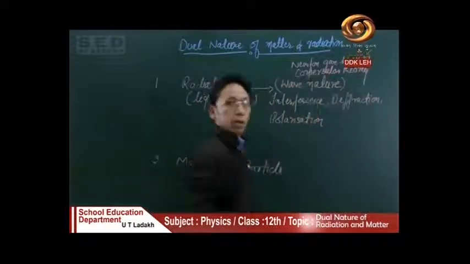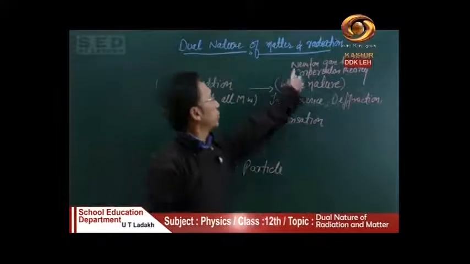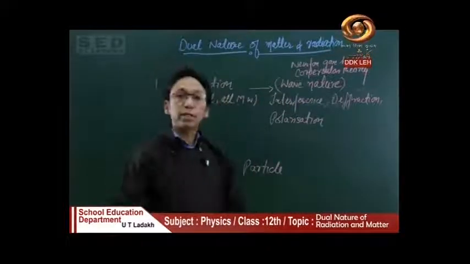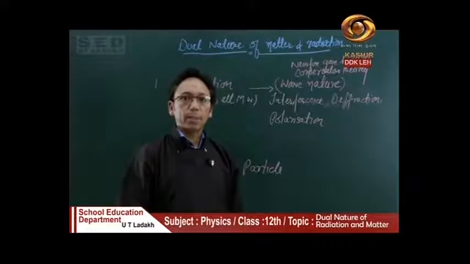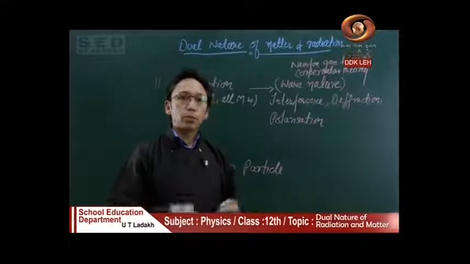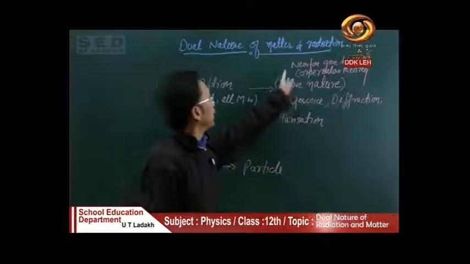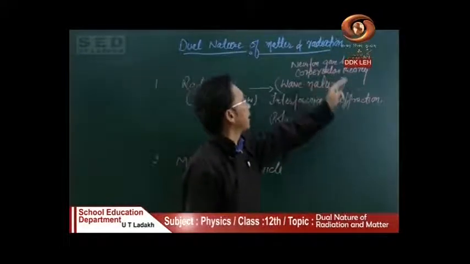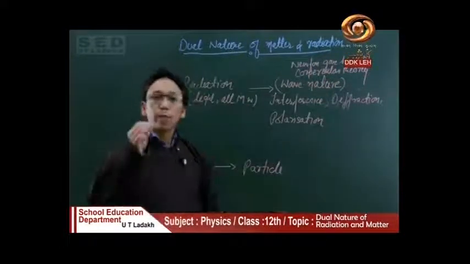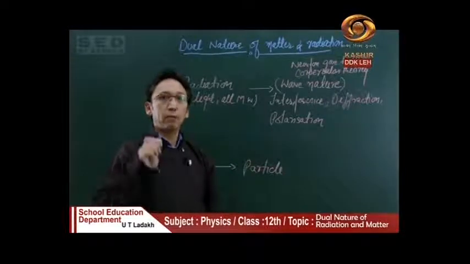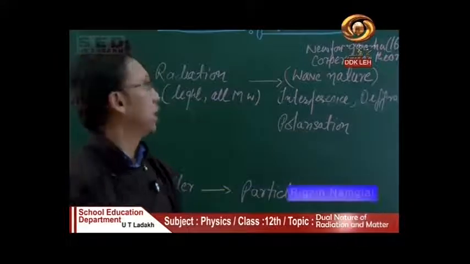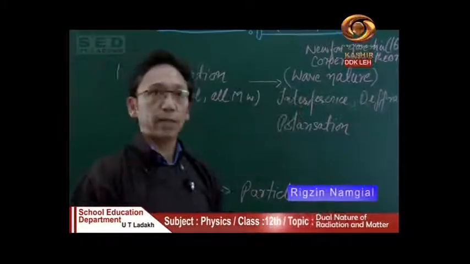According to this theory, Newton said that the nature of radiation is of particle in nature. But since there was no proof, this theory was neglected, or we can say not considered as a final theory. Huygens gave another theory, that is wave nature of light.